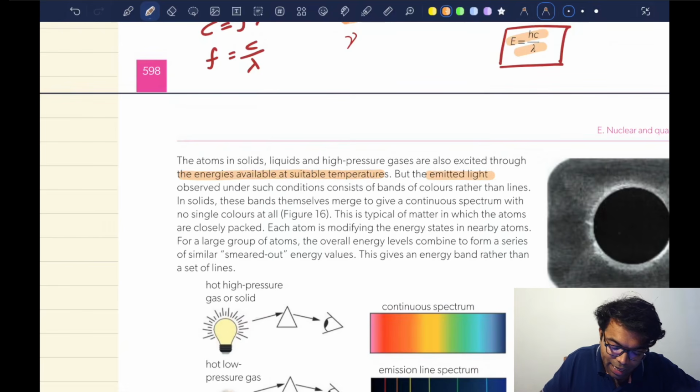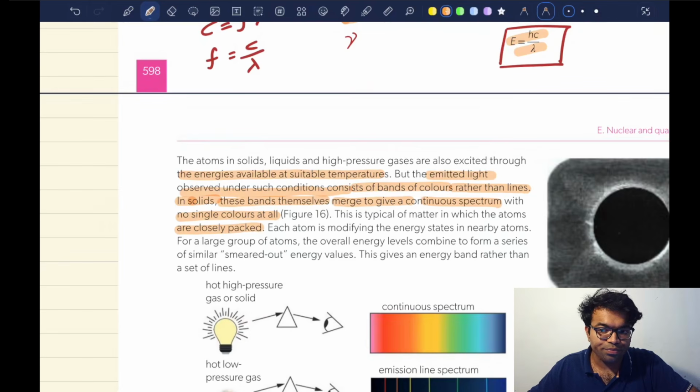But the emitted light observed under such conditions consists of a band of colors rather than lines. In solids, these bands themselves merge to give a continuous spectrum with no single color at all. This is typical of matter in which atoms are closely packed.